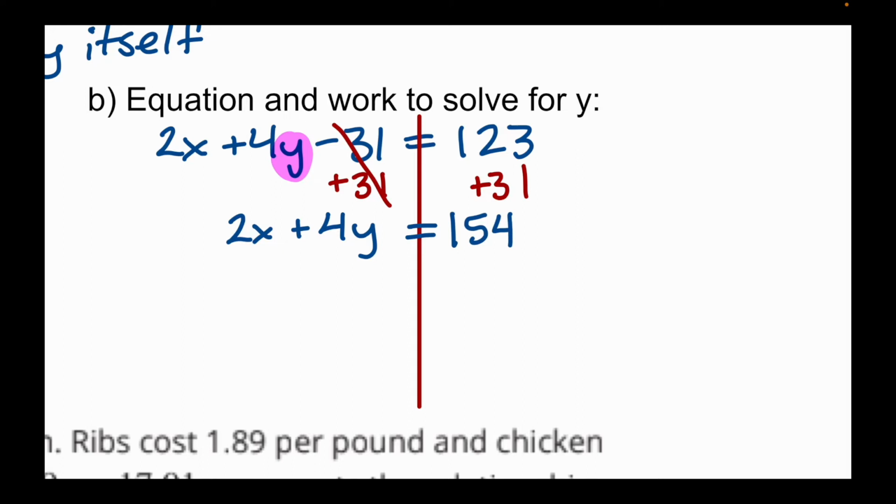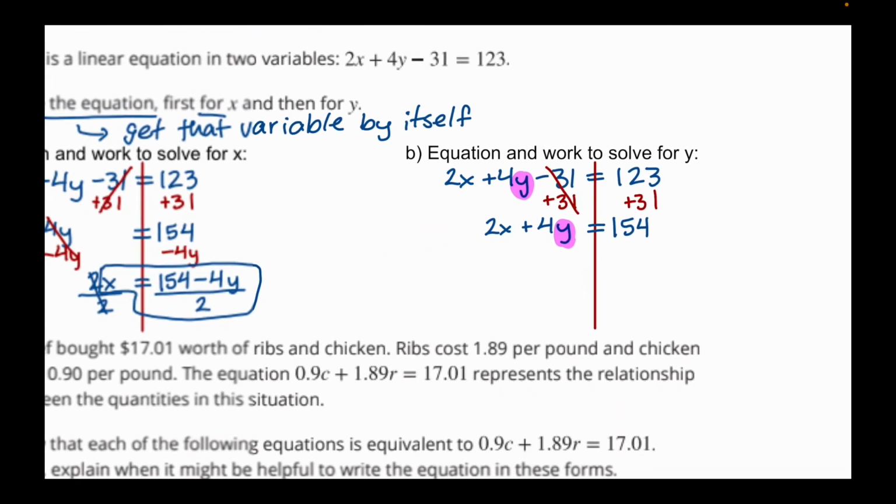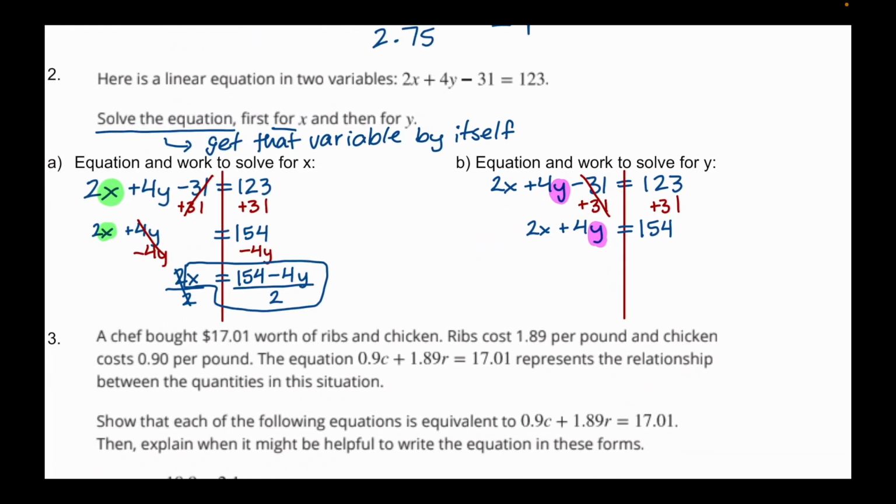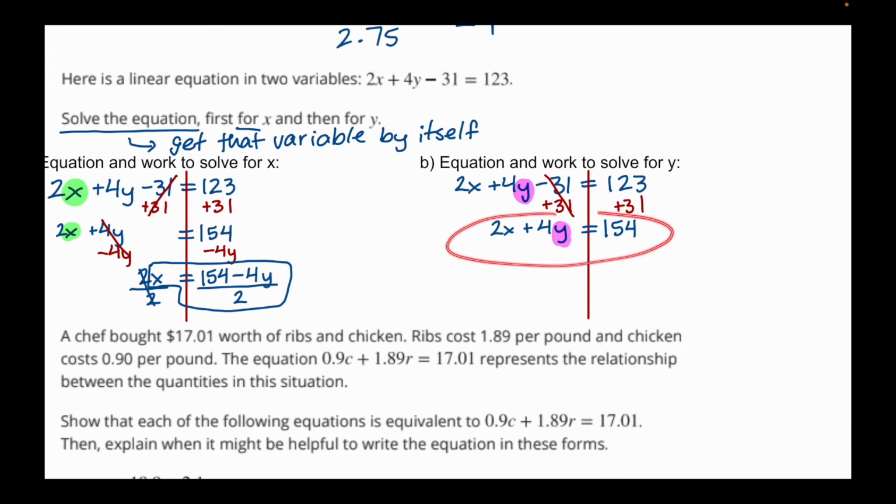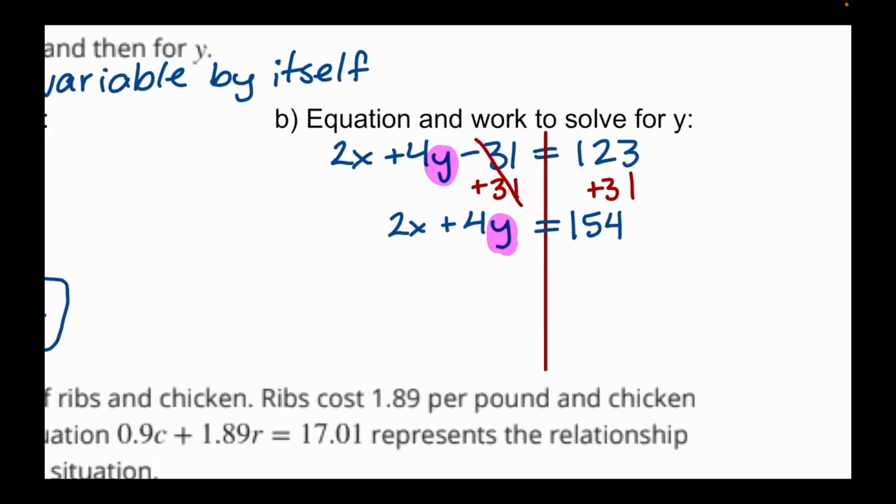And now, because we're still looking to get y by itself, we have to subtract the 2x instead of the y term. So that's where these are a little bit different. Since here on this side, we're subtracting 4y because I'm trying to get x by itself. On this side, trying to get y by itself, we're going to subtract the 2x term.